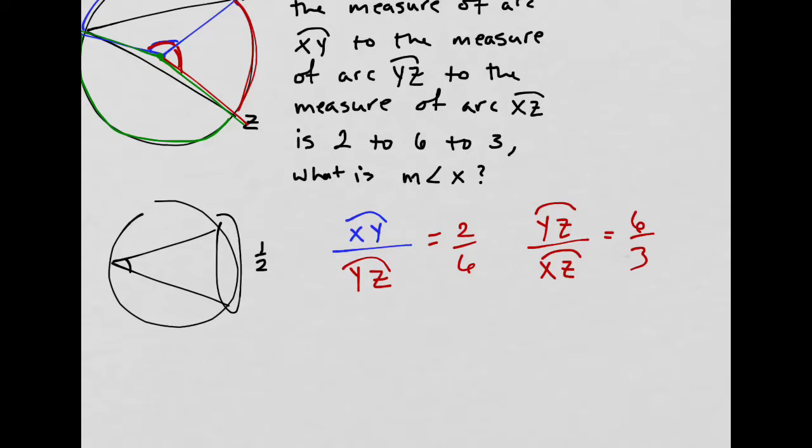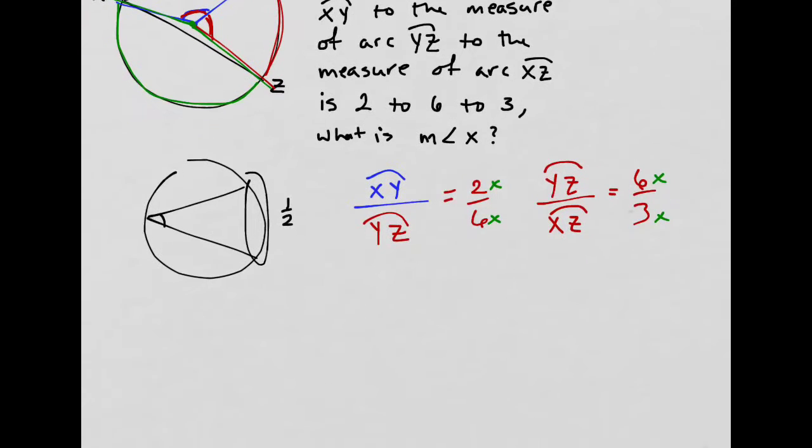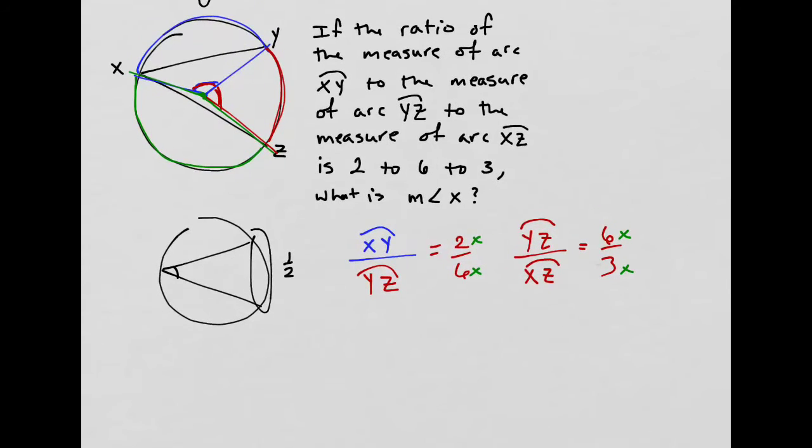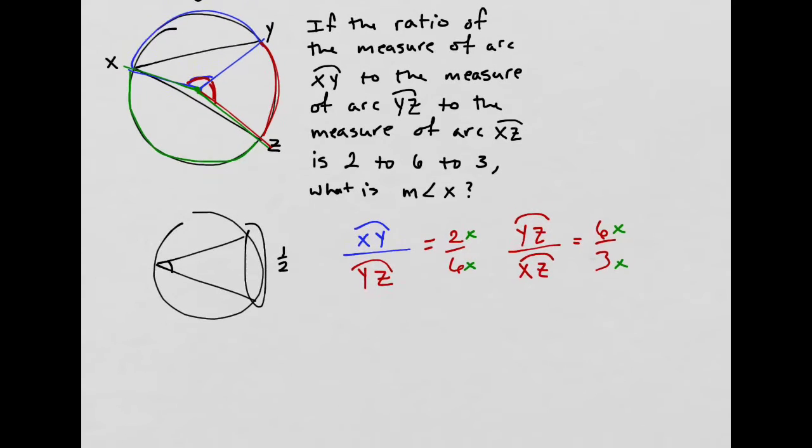So to unreduce, I'm going to multiply by x in all of them. If I unreduced it to the proper amount, then the arc measure would be 2x, the arc measure would be 6x, and then the arc measure would be 3x. I don't know how much to unreduce it by, but there we have it.